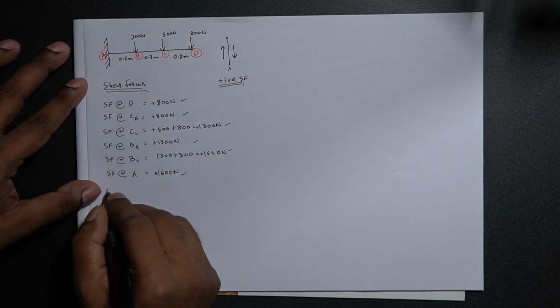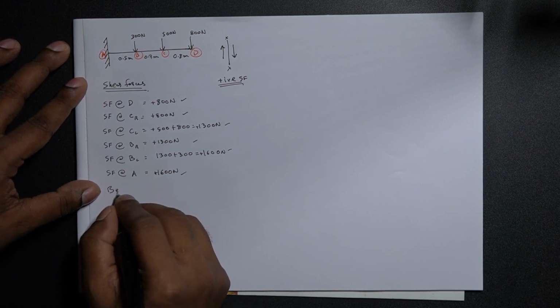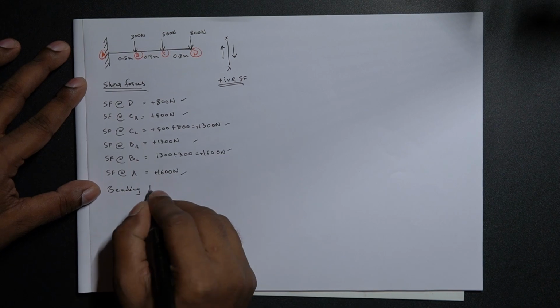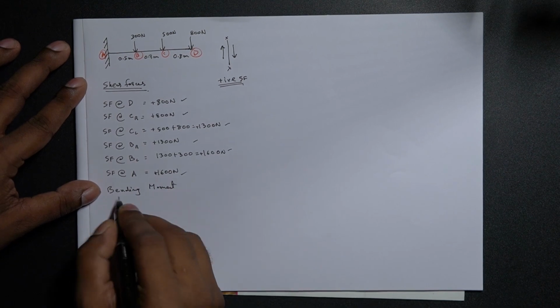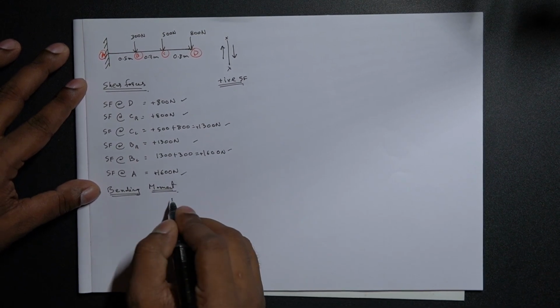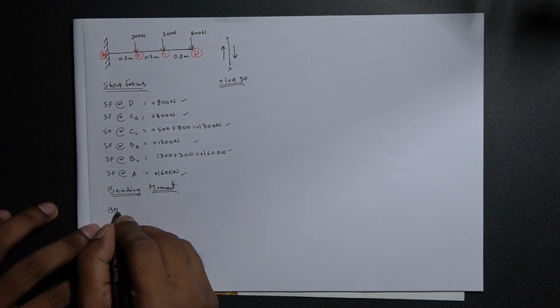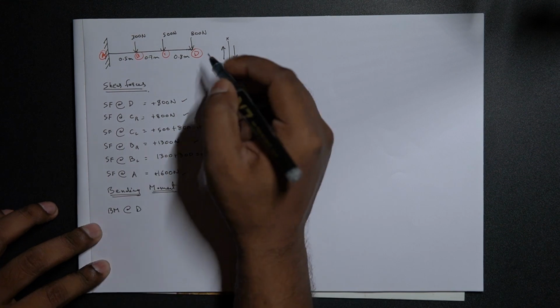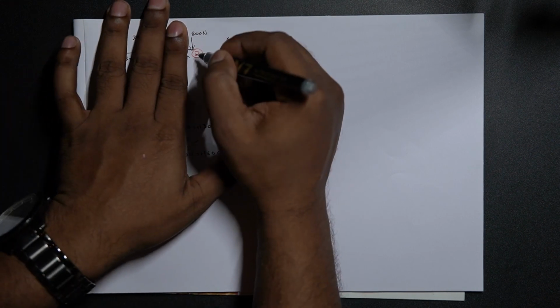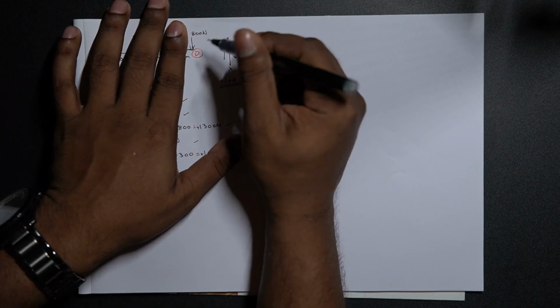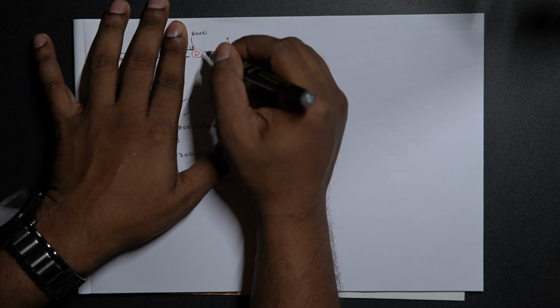Now let's check the bending moment values. Bending moment at D. So when the moment is acting, moment is usually defined as load times the lever arm.